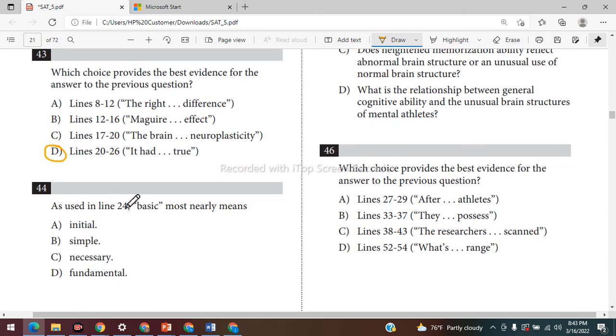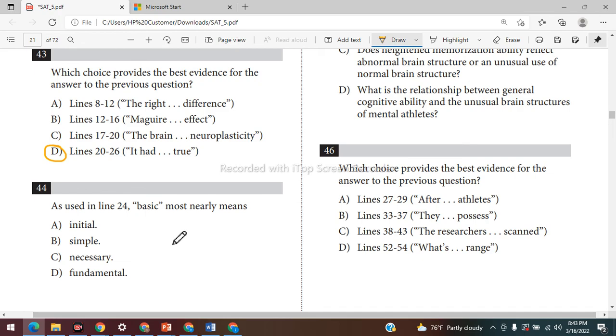As used in line 24, basic most nearly means initial, simple, necessary, or fundamental. Simple.